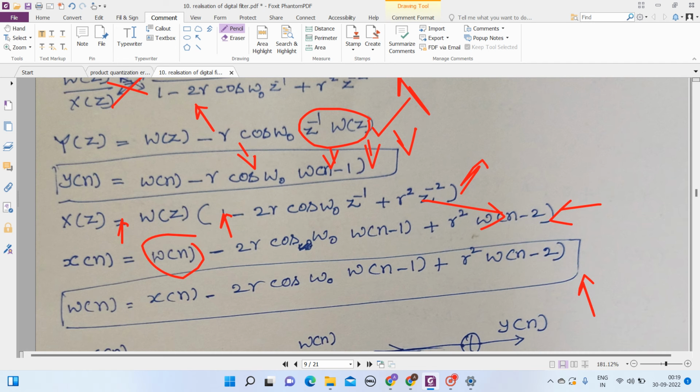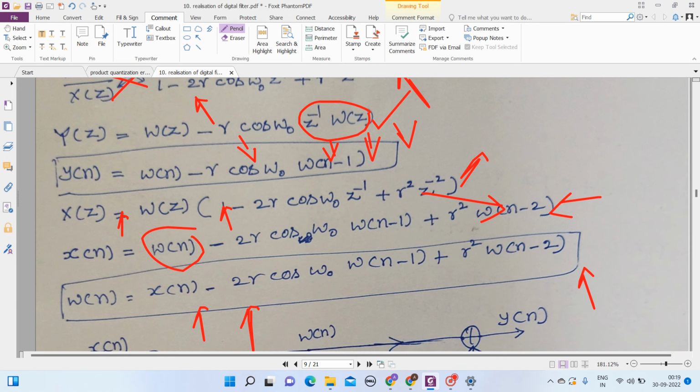I have retained w of n at the RHS side. Then you have to transfer these terms to the left hand side, and vice versa, it is up to you. So you will get this equation.